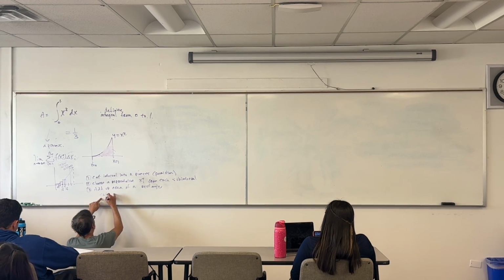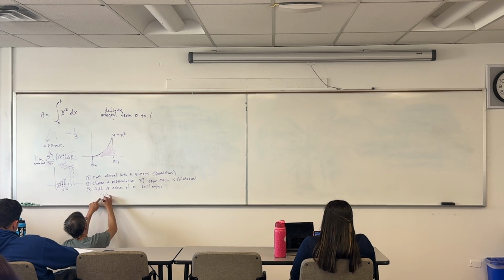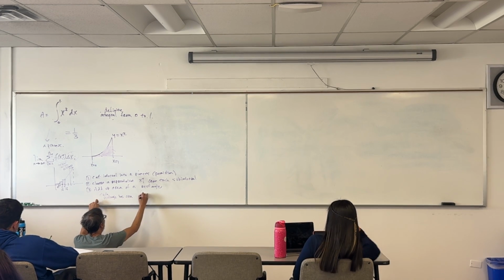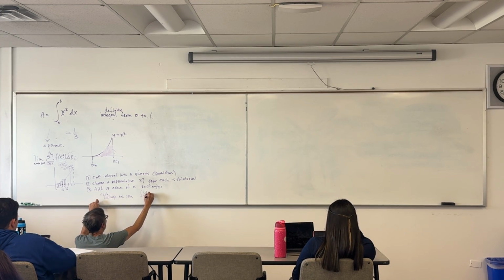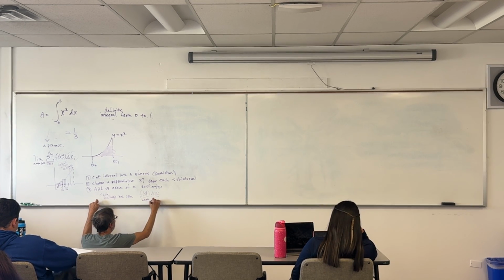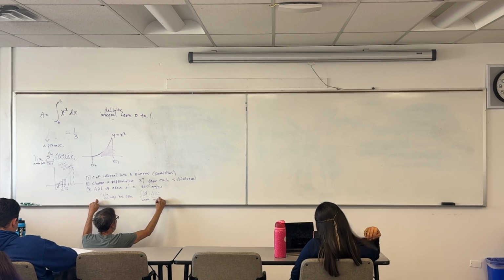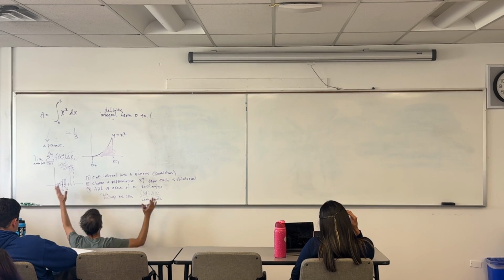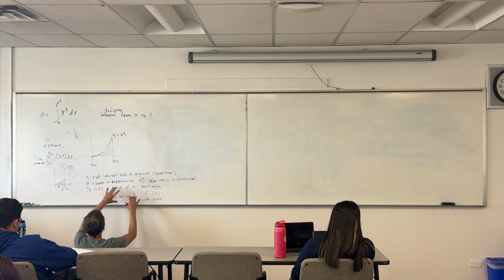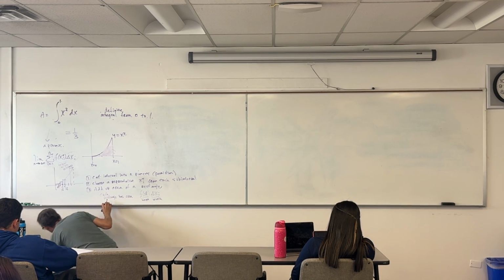Each rectangle has area f at x sub i star, this is its height, and then delta x sub i, this is the width. And that can change. It may or may not be the same for each. They don't have to all be the same. We add these all up, so that's this part right here.